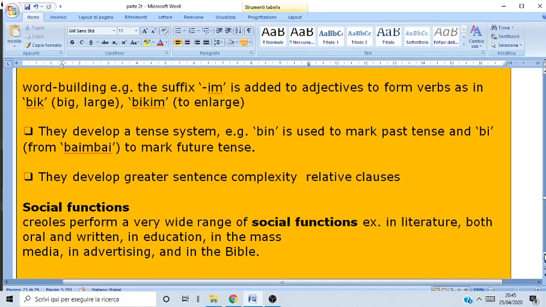Plus, there's the creation of a tense system. So, for instance, the mark bin indicates past tense, or bai for future tense, which did not occur in Pidgin. And plus, there's more sentence complexity, so the creation of relative clauses.